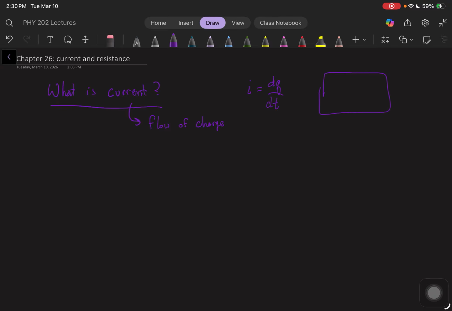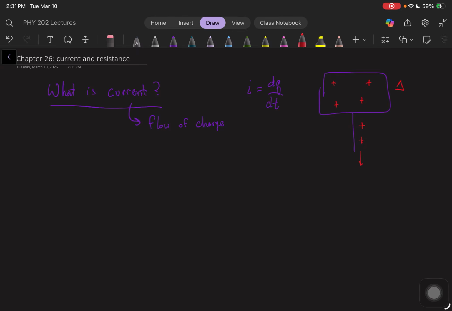One way to think about that is if you have some plate full of positive charge and you add a conductor such that as time dwindles on, maybe you lose a couple of these charges as they flow through this conductor.